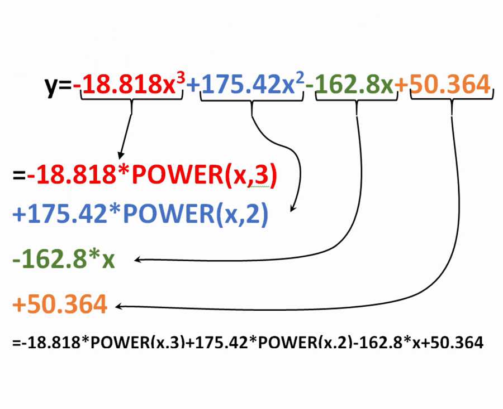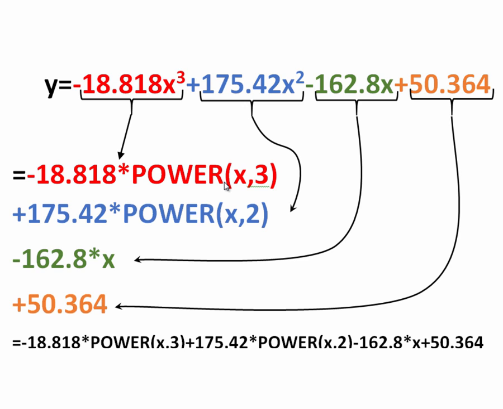So the equation you got from the trend line needs to be converted into a formula that Excel can actually understand. I have written the equation as it was displayed in the chart itself, like you would write it normally if you had to calculate a mathematical equation. However, when translated into the way Excel understands it, it looks quite different. The first part, you can see we have negative 18.818 multiplied by x to the power of 3.